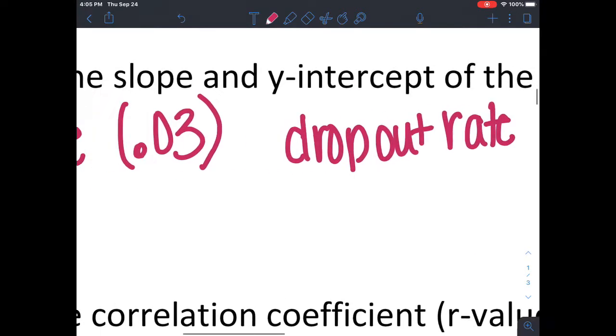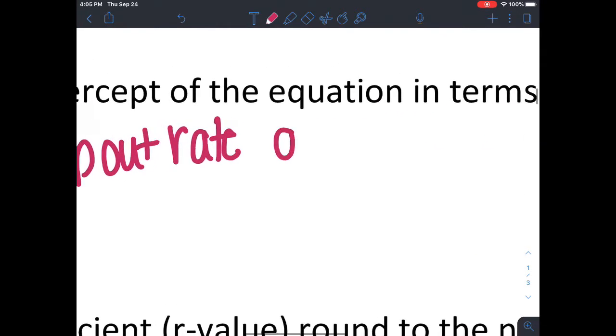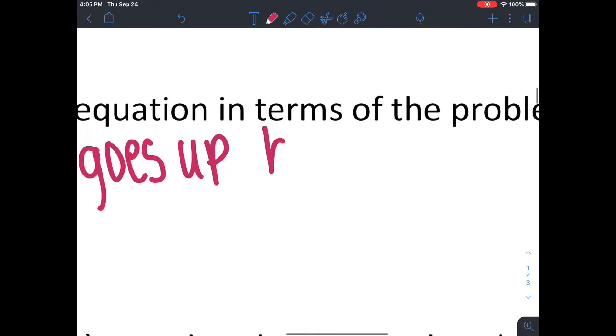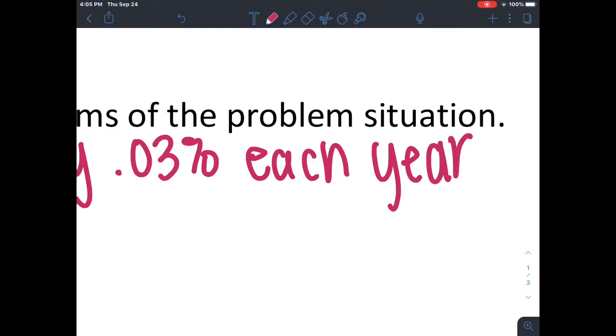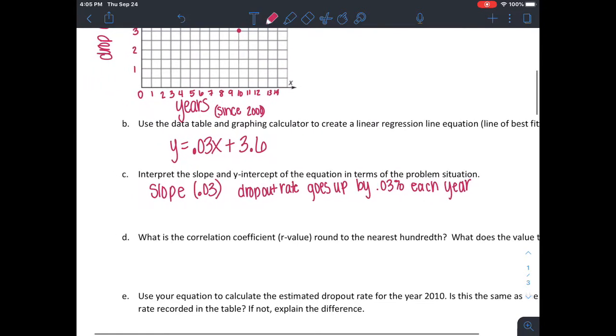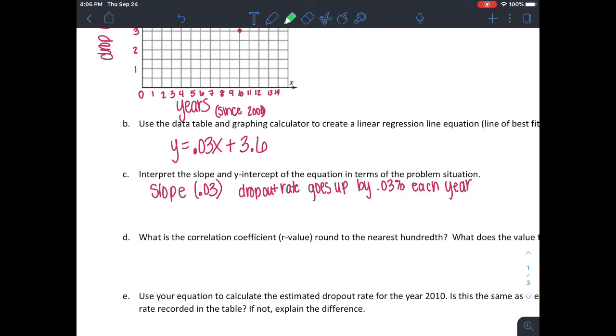Dropout rate goes up, because it's a positive number, by 0.03% each year. And year was my x value. So it's always going to be my y value and then my x value at the end. So y value, x value, and then whatever your slope is just kind of goes in the middle.